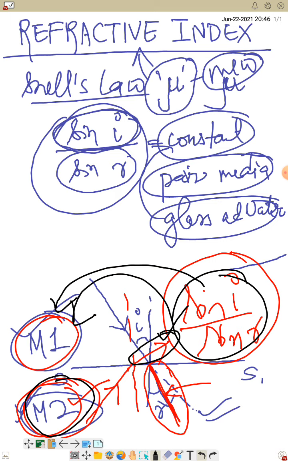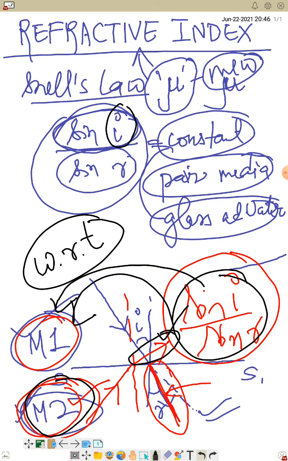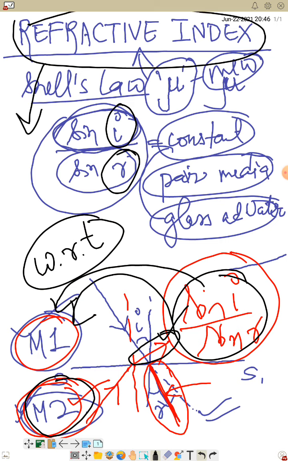See why we are adding the words with respect to: because it is a comparison of two angles. One is the angle of incidence, which is in the first medium. The other one is the angle of refraction, which is in the second medium. So the comparison of these two angles gives you the refractive index, and that is why it has no unit.